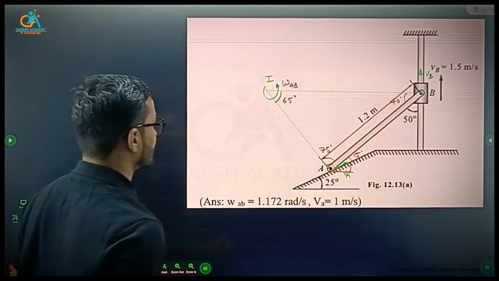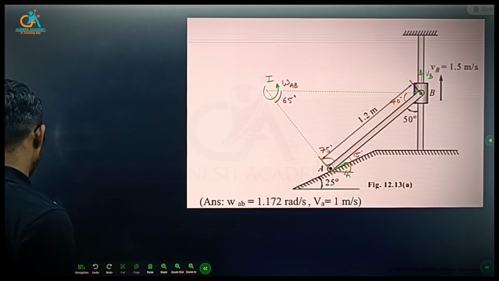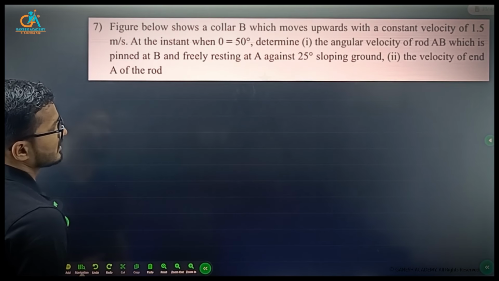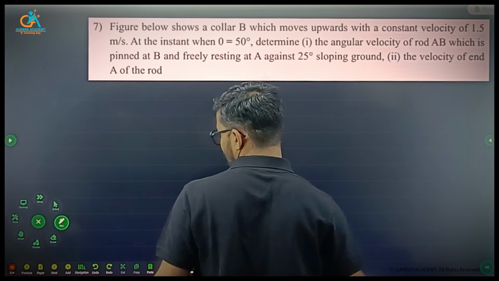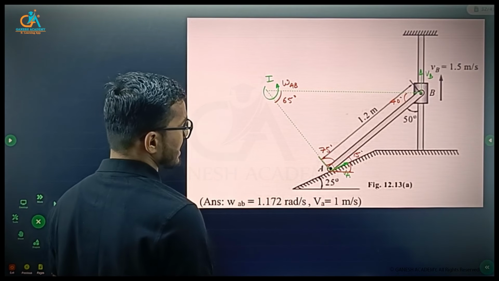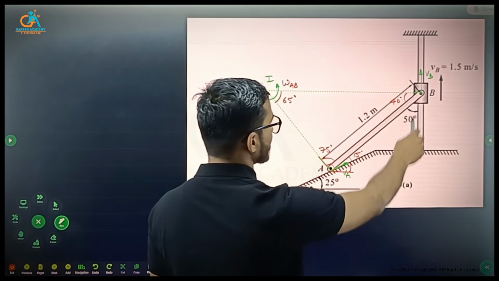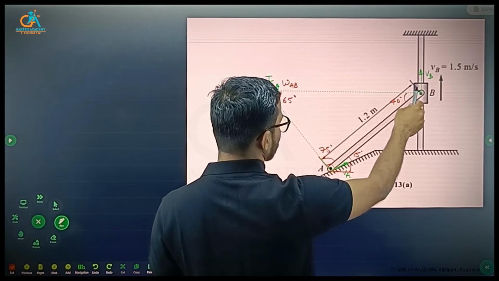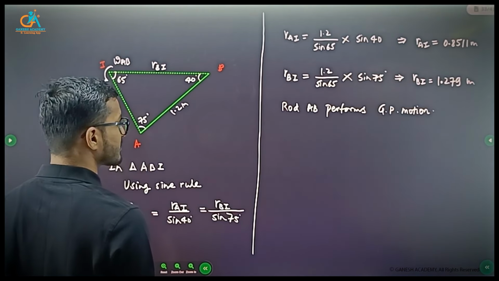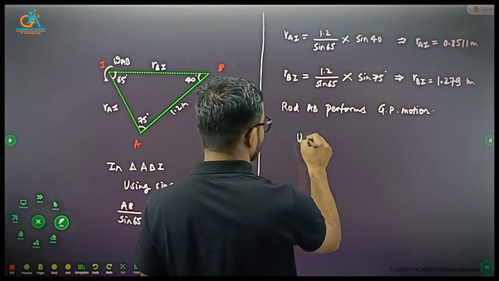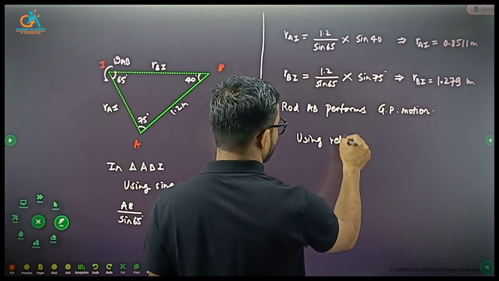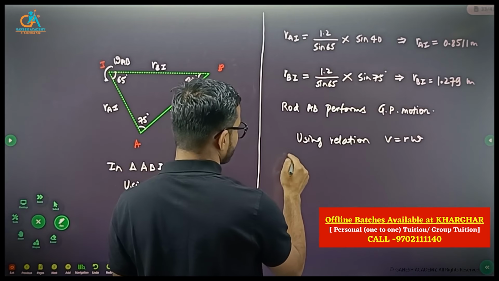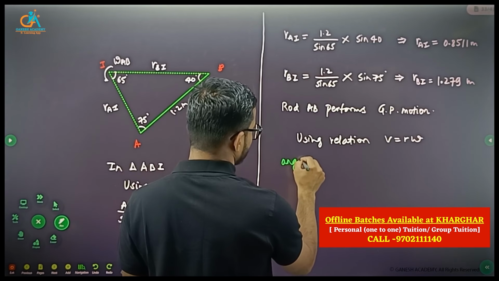We have located the instantaneous center of rotation of rod AB. They are asking us to find the angular velocity of rod AB. How to find it? We know VB, so VB is known, and we can use this distance RBI, and by knowing the relation V is equal to R omega, we can find the angular velocity.